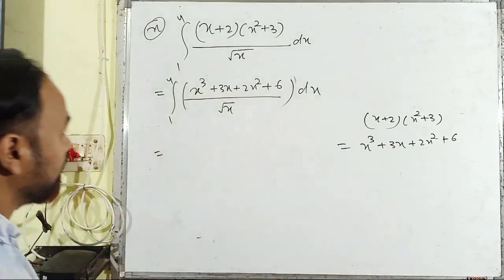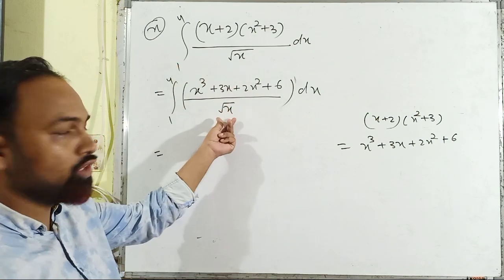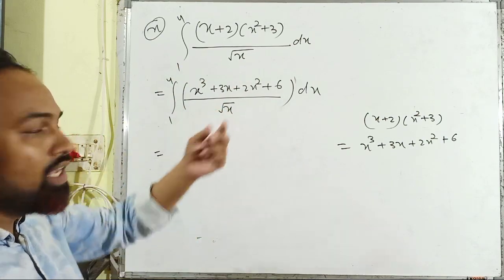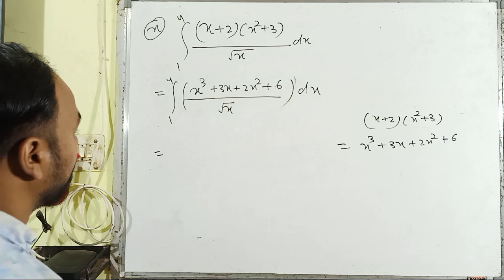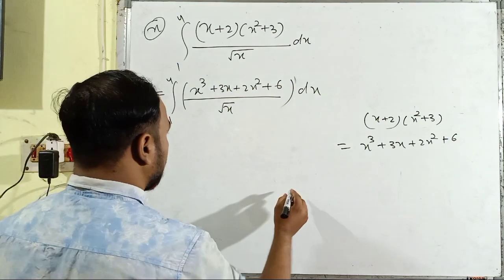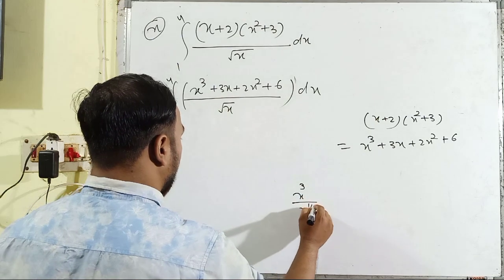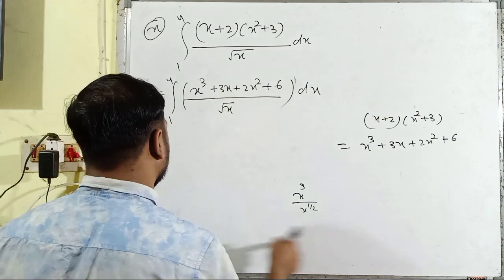There is another process remaining: we have to divide all of the terms by the denominator, because there is a single term in the denominator. So we are getting x to the power 3 divided by x to the power 1 by 2, that means 3 minus 1 by 2, which is 5 by 2.